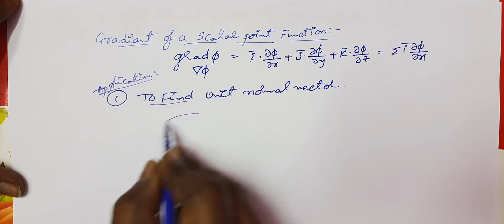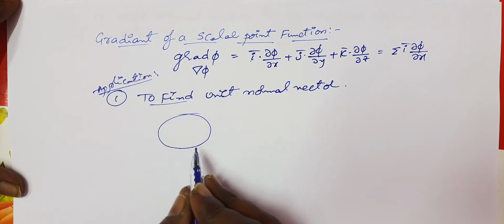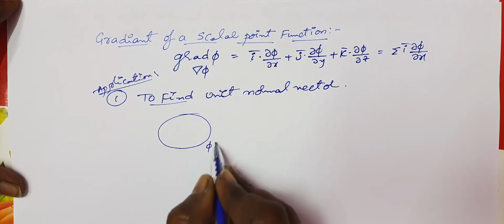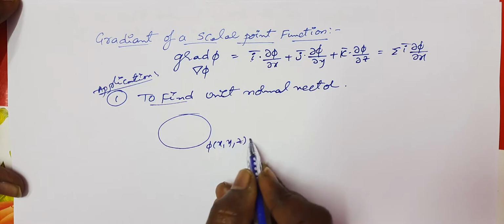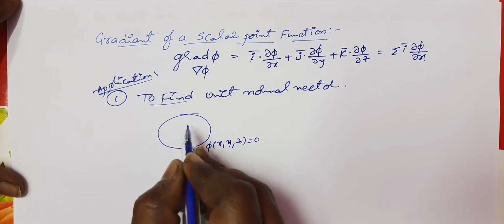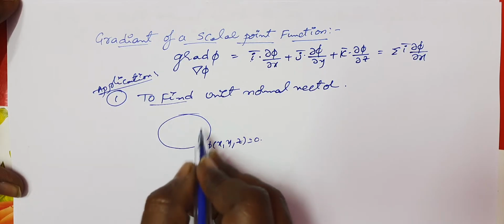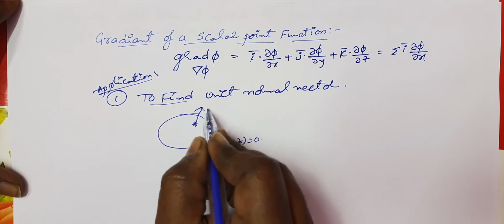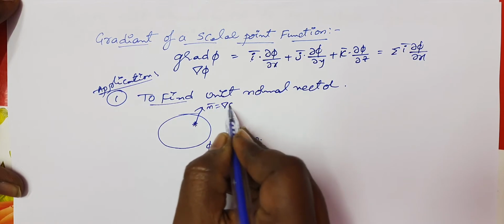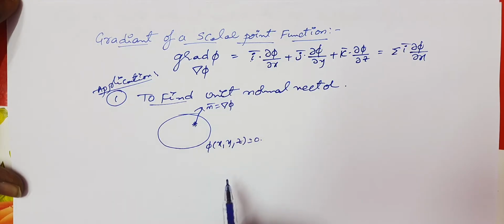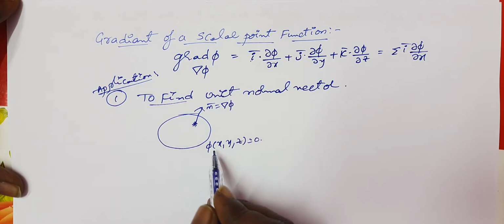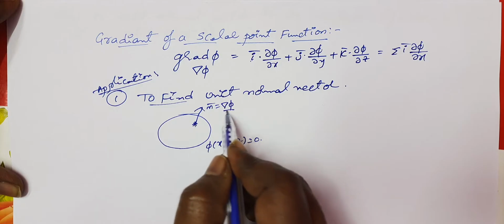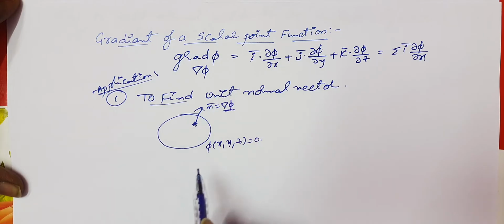Suppose we have a surface and the equation of surface is in terms of x, y, z. Then we can easily find out the normal vector to the surface at the given point by finding gradient. So normal vector to the given surface is nothing but del phi. Gradient gives the normal vector.